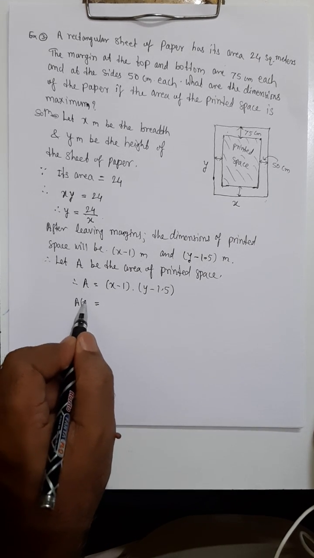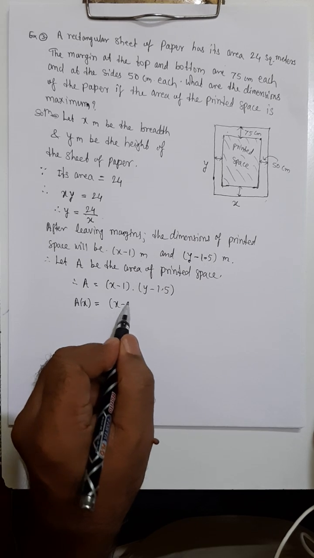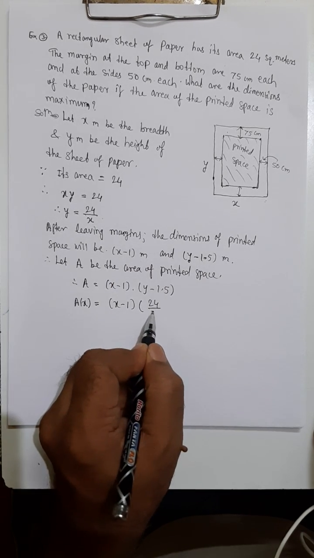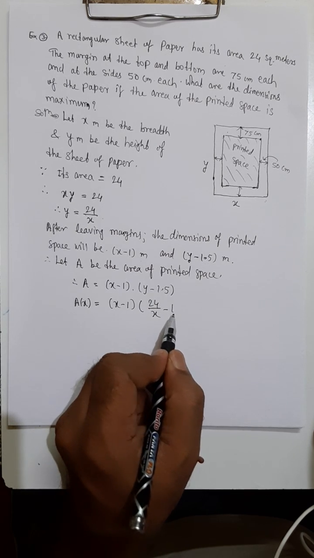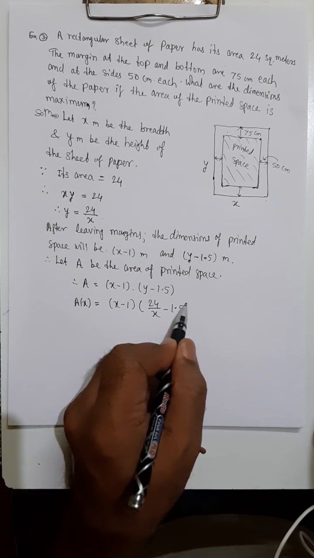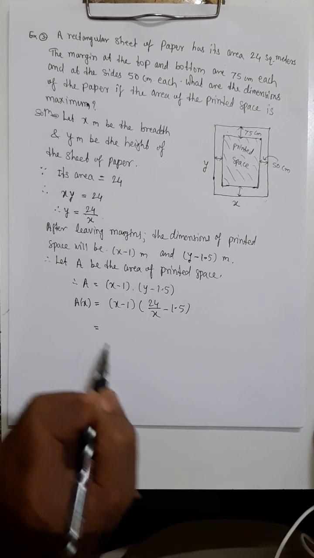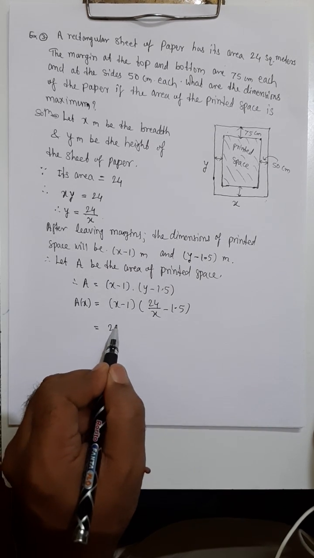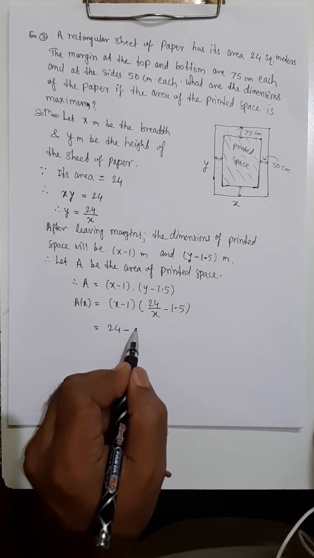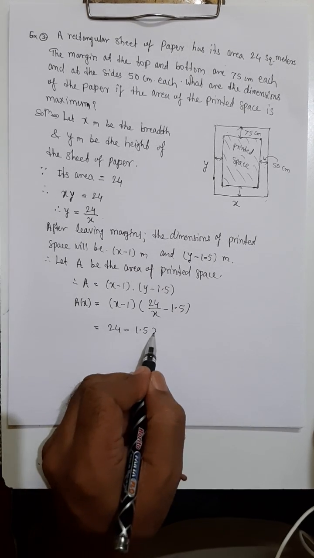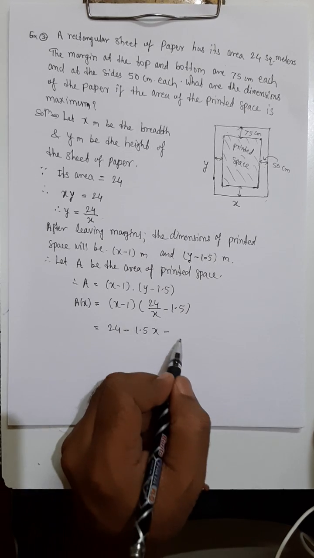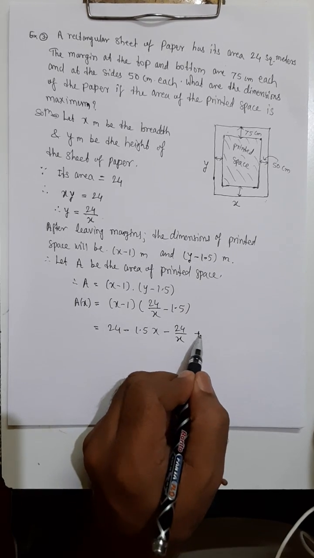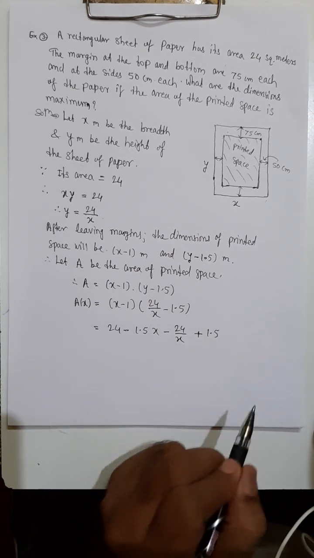A becomes a function of x if we replace y, so we get x minus 1, and what is y? y is 24 divided by x, minus 1.5, and simplify this. First multiply by x here, so x cancels, we get 24 minus 1.5 into x, multiply by minus 1, so minus 24 divided by x, minus minus plus, we get 1.5.